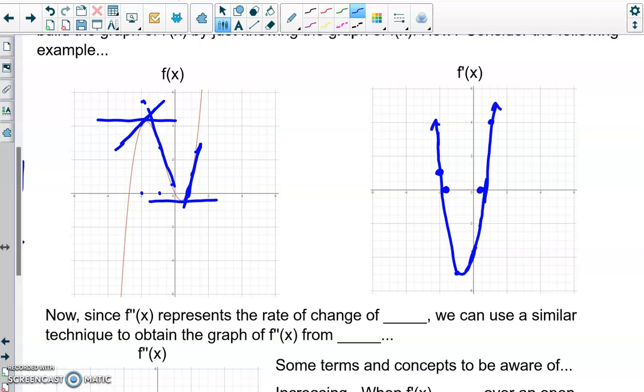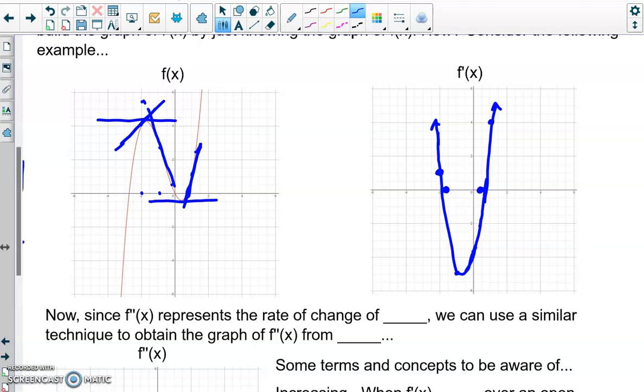And you could, again, spend many more hours doing this with more precision, but basically the idea is that you look to your original graph, you pick an x value, you go up to the graph at that x value, you find the slope of the graph at that x value, the slope of the tangent line, more importantly, at that x value. That slope value then becomes the y value at that x location on your f prime of x graph.